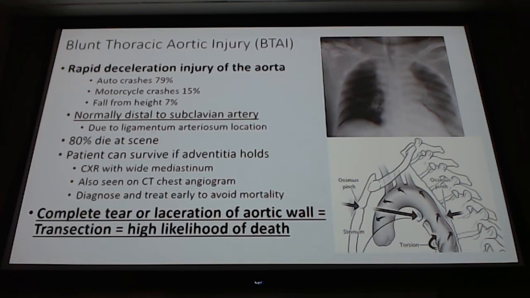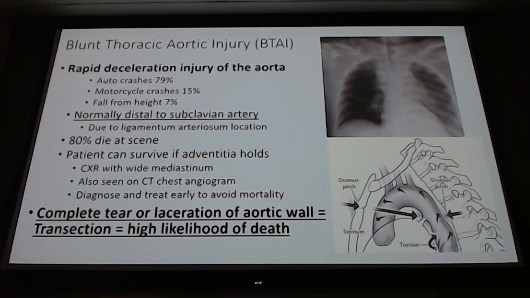All right. We don't see this too much in the hospital because a lot of people, if they have a true, full-on dissection or transection, most die at the scene. Okay, this is a pretty catastrophic injury. If that patient's outside layer of their aorta, the adventitia or the media, can hold until we can get to surgery, then we will see what we talked about with a normal thoracic dissection.